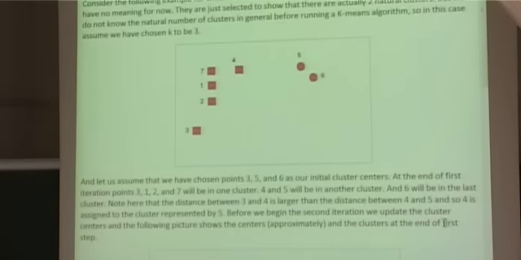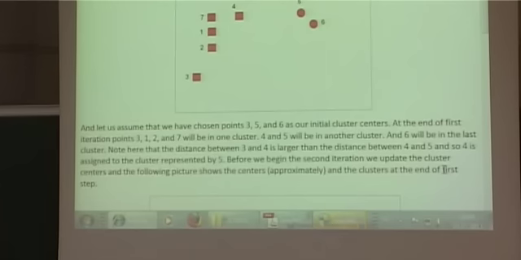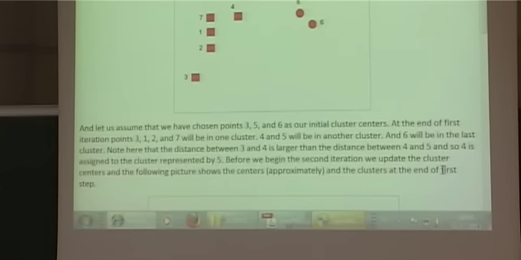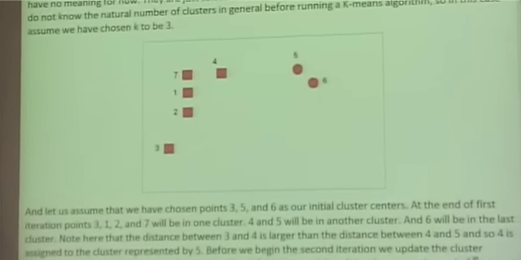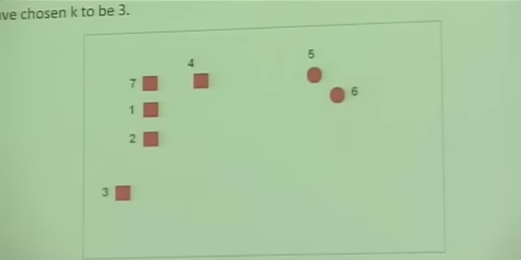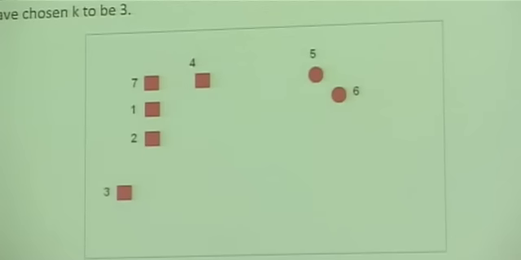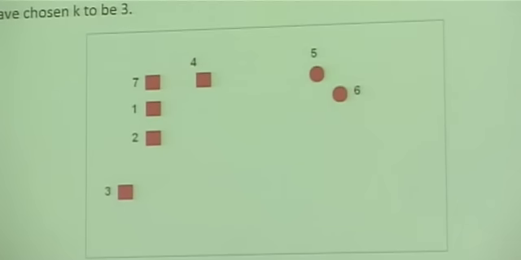Right now the shapes have no meaning. We have 7 points like that. These shapes show that there are actually 2 natural clusters, maybe 3.